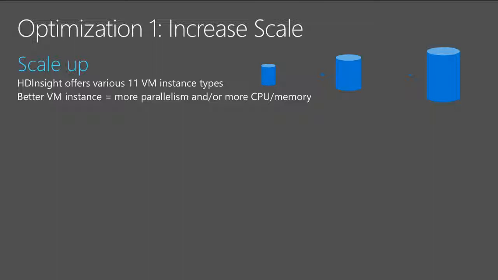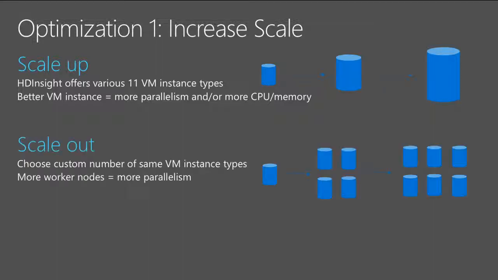Or, if my bottleneck is in the CPU, a higher CPU gives me more chance of running the job faster. So the first option I have is scale up. I can also scale out. Scale out means using the same VM, but using more of them. So from a 16-node cluster, I can go to a 32-node cluster.